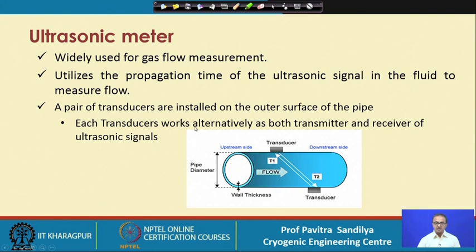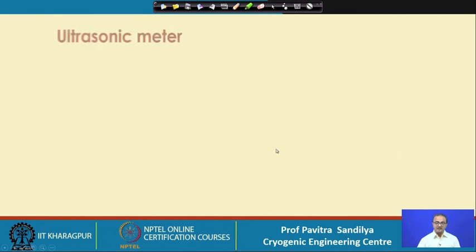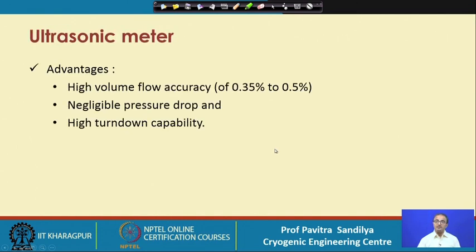Each transducer works alternately as both transmitter and receiver. That means once it throws the signal, the other one will receive, and next time the other one will throw the signal and this one will receive. And these are measured and correlated with the flow rate.